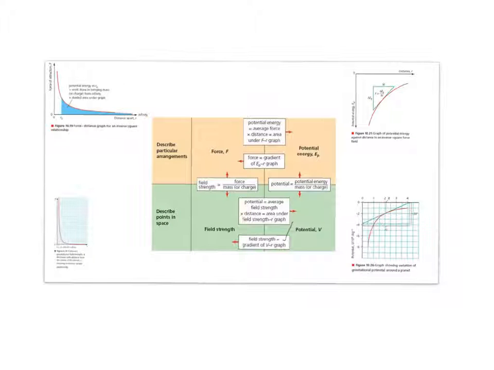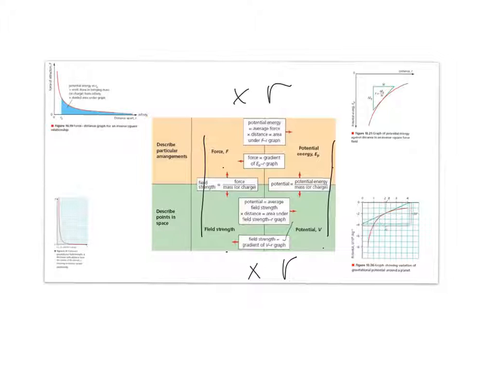So I'm going to try and put those patterns that you've just seen into the context of some graphs. When we go from this side to this side, what we're doing is multiplying by R on both sides, from force to potential energy, field strength to potential.